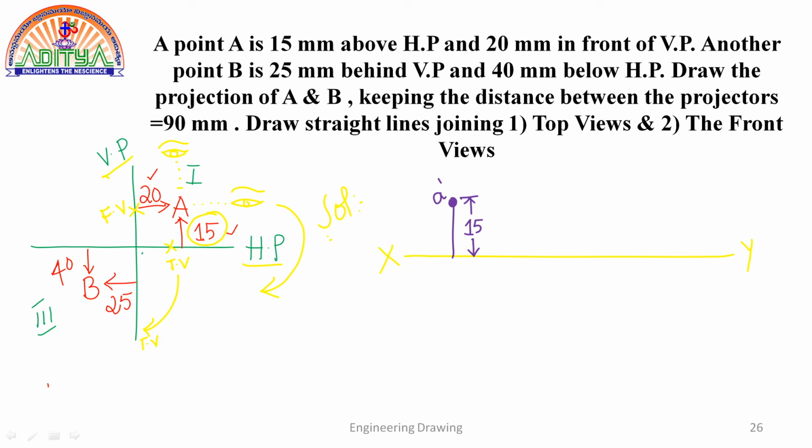So this is front view. Now below the reference line we are having top view A at a distance of 20.